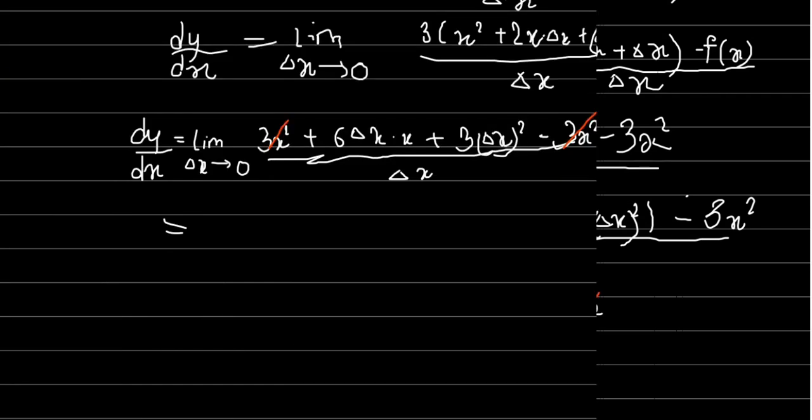So limit del x tends to 0 of 6 delta x dot x plus 3 delta x whole square.